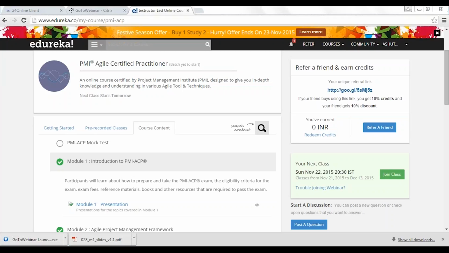Once you enter the class, you will observe that you have a control panel, right? In the control panel, there's a question window, as you can see. At any point in time, if you have any question for me, I would request that you just type in a question there and send it to me, and I'll be more than happy to answer any query about the slide being covered or anything related to the topic under discussion.